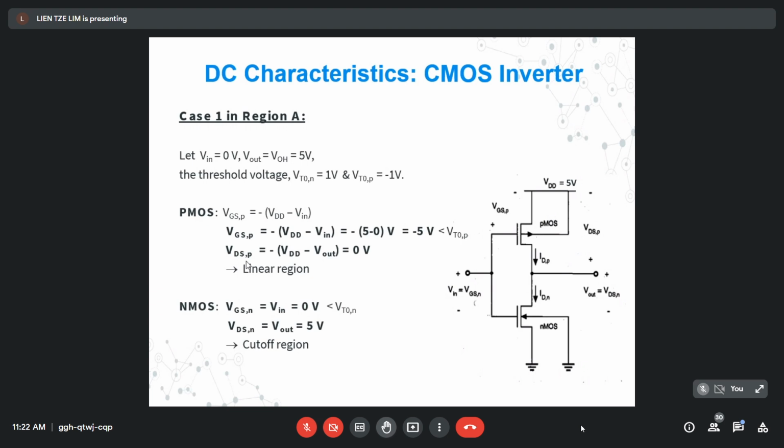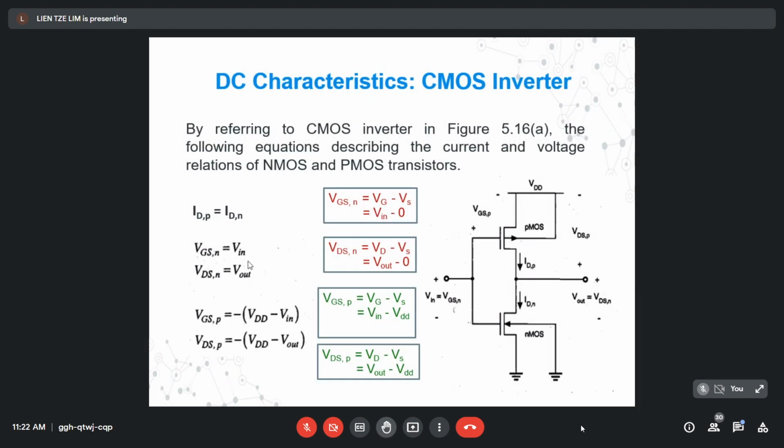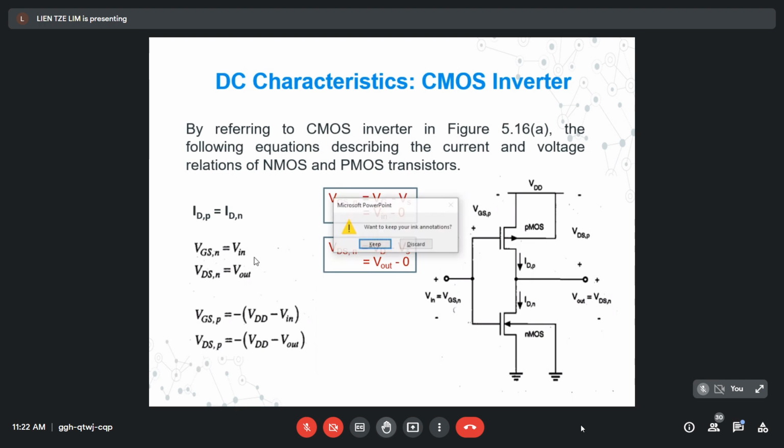I don't have time to cover the next few slides on DC characteristic, so I will stop here. Just now was about the introduction of the CMOS inverter. I will talk about this next in the next class on Wednesday.